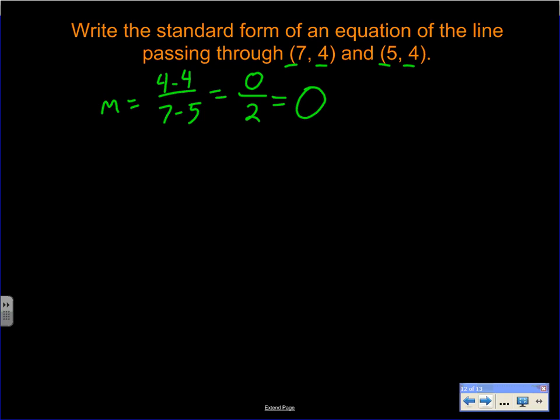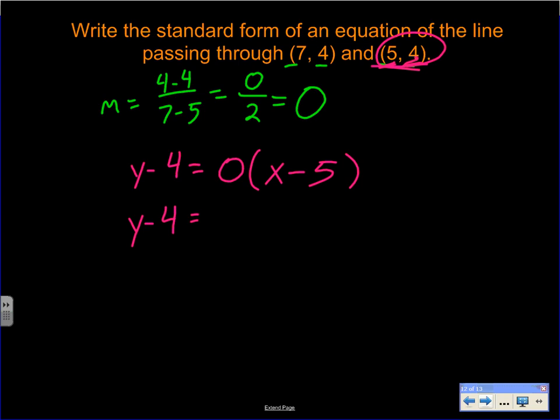Putting this in point slope form, let's use this point. Y minus 4 is equal to the slope, and x minus 5 right here. Well, we have y minus 4 on the left side, and we know 0 times x is going to be 0, and 0 times negative 5 is also 0, and 0 plus 0 is 0.